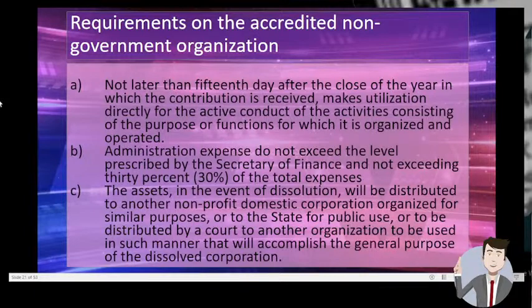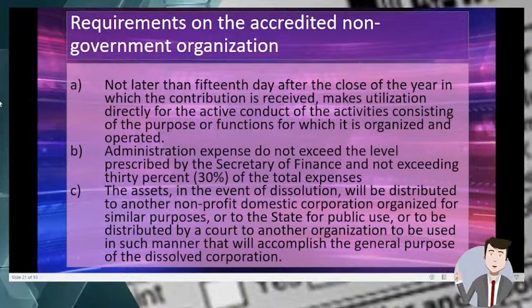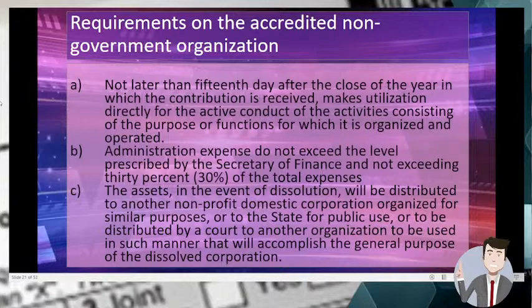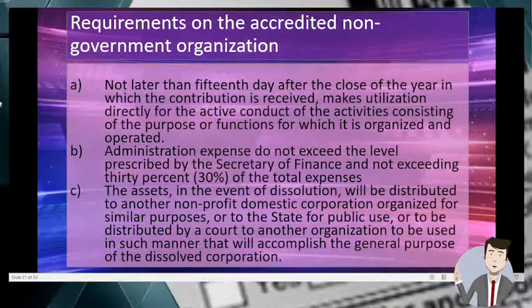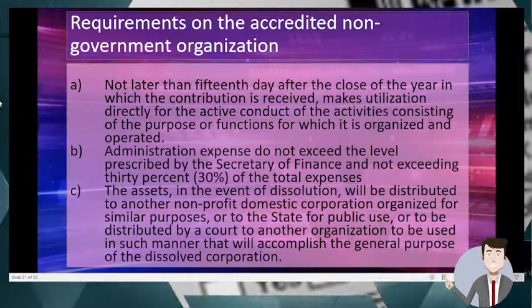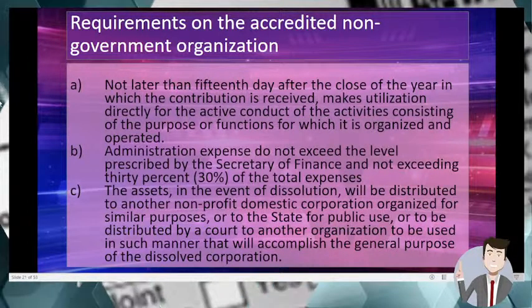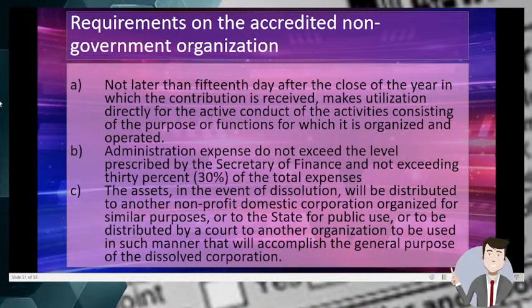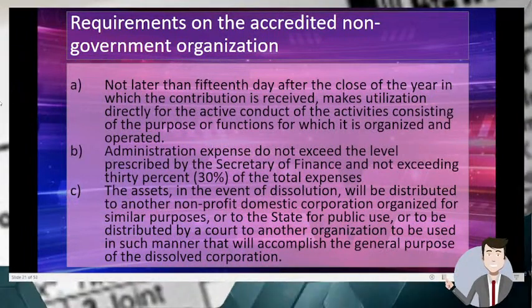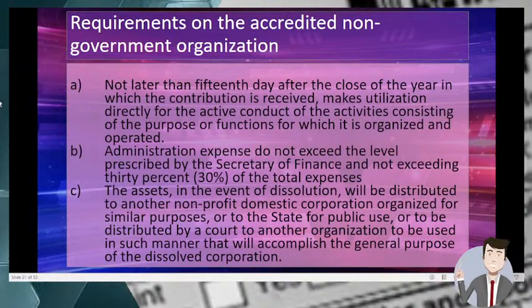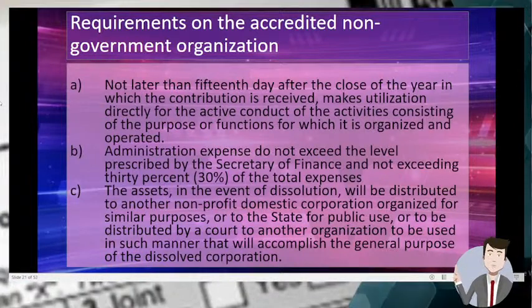So the point is, no part of the assets or income of the NGO should inure or benefit certain individuals. Okay? So strictly, all of the assets and collections, income or revenue of the accredited NGO should go directly to its priority activities, or in case of dissolution, it should be transferred to an accredited NGO organized for the same or similar purpose as the NGO to which the contributions were directed.